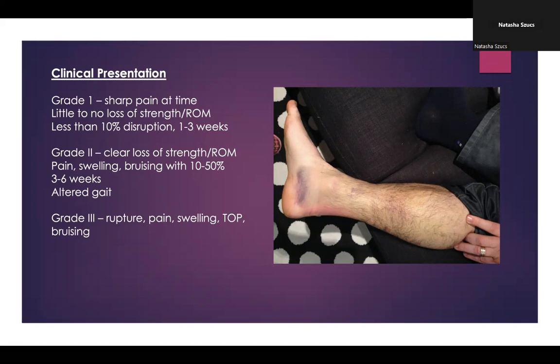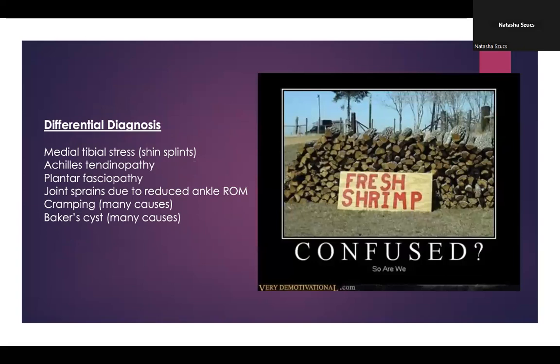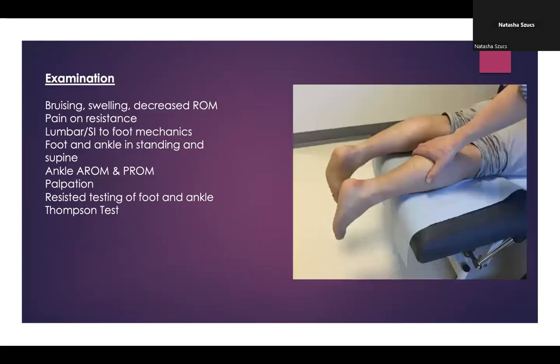And grade 3, you can have a rupture, pain, swelling, tenderness, a lot of bruising. And again, I think palpation is one of the better things to be good at. Differential diagnosis: medial tibial stress, Achilles, plantar fascia, and joint sprains, and you can have cramping and Baker cysts, a lot of sources for that.